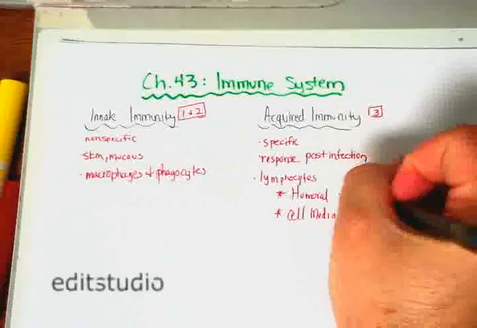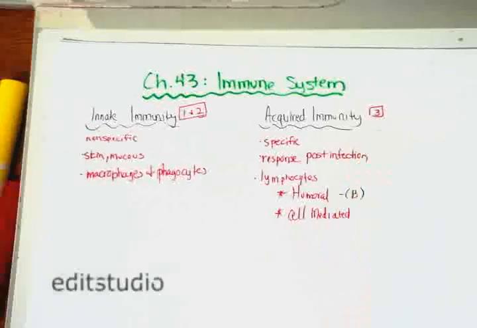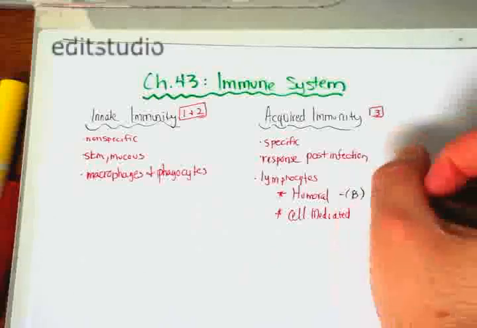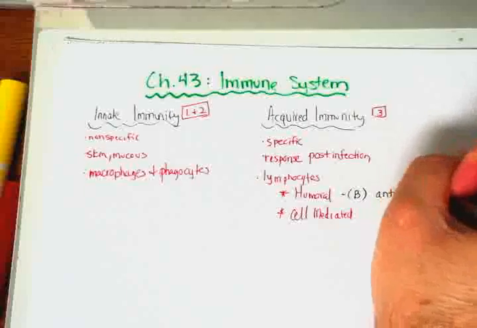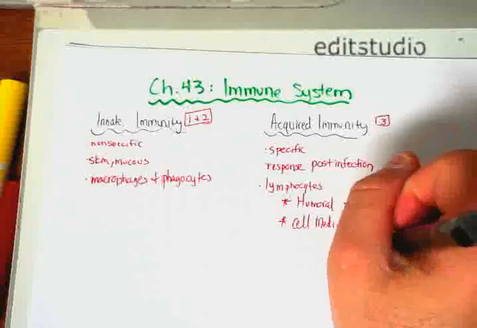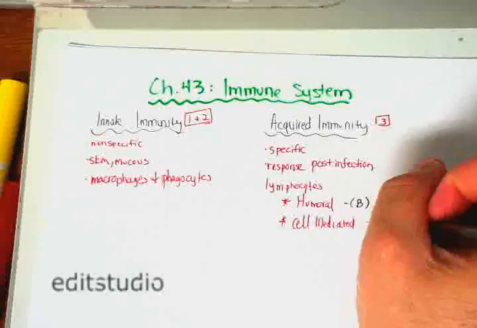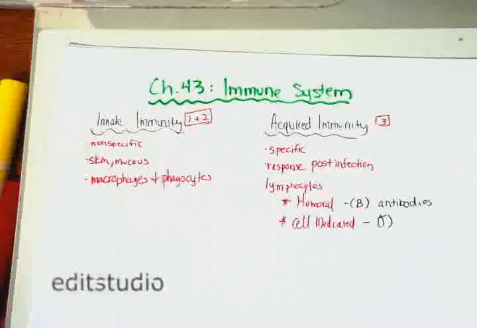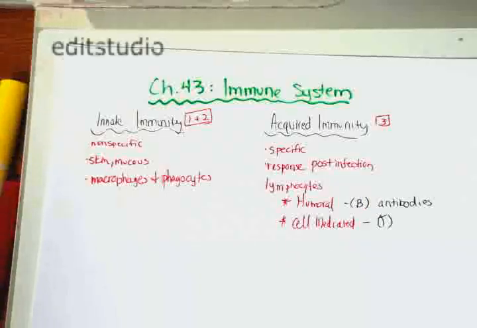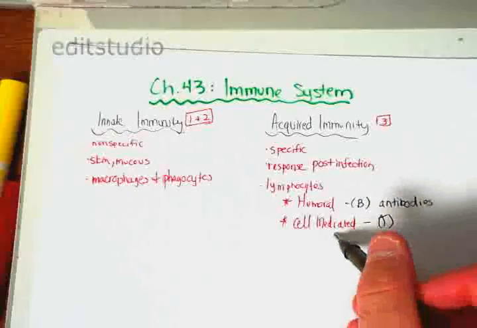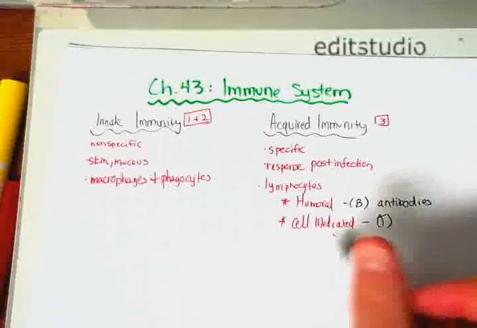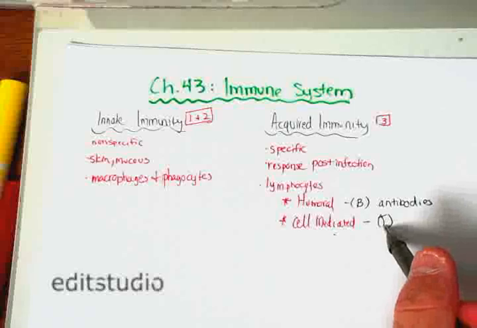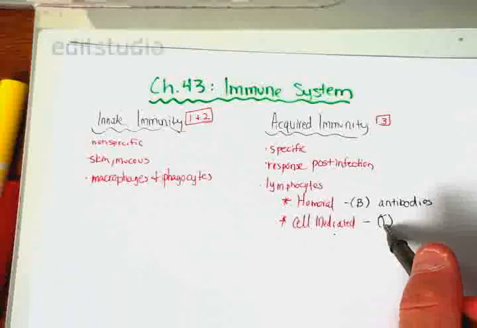B. And are we thinking about antibodies or NK cells? Antibodies. As opposed to the cell-mediated response, which is a cytotoxic T-cell system, recognizing a cell that's bad, a non-self cell, out to destroy your cell that's gone bad.